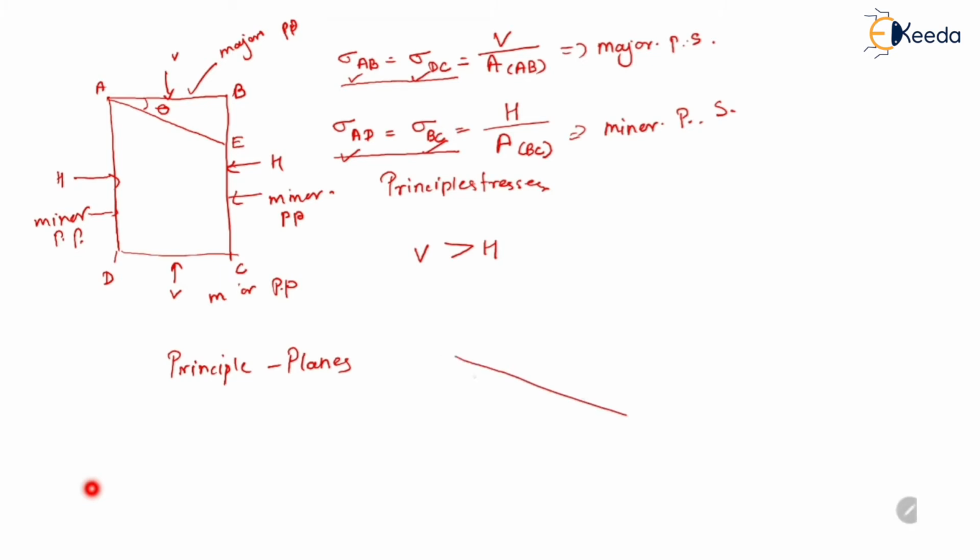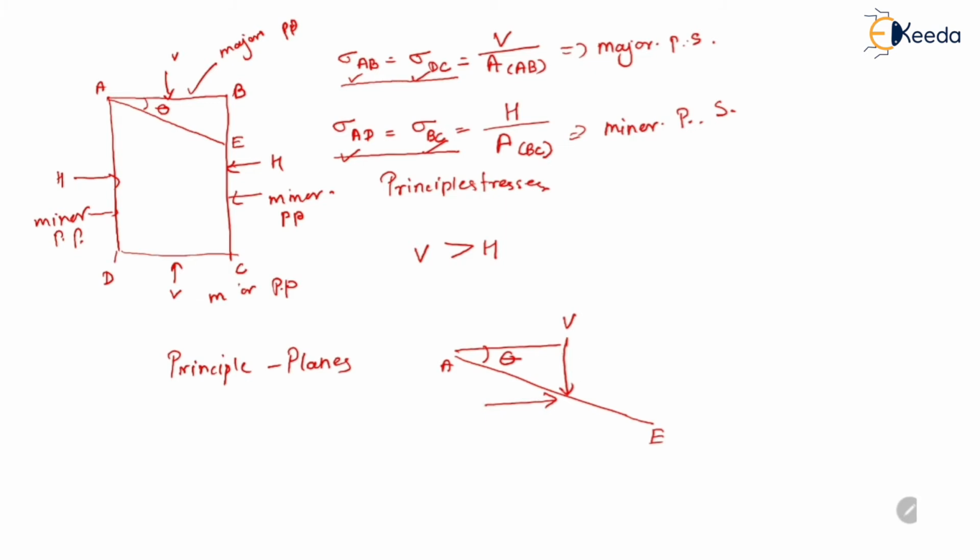This is surface AE, which is inclined at an angle theta to the surface AB. This is the vertical load acting on the surface AB and this is the horizontal load acting on the surface AD. So these two forces will act on AE also.